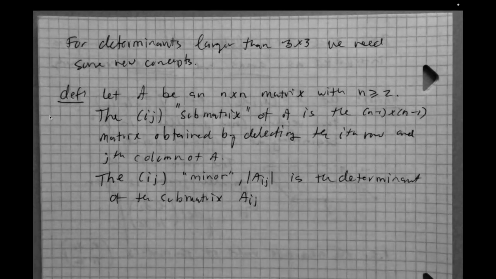Okay, so this may seem like a lot of running around, but the actual definition for the determinant is going to involve these concepts. We just have to make sure that we know what they mean. It's actually relatively straightforward, right?